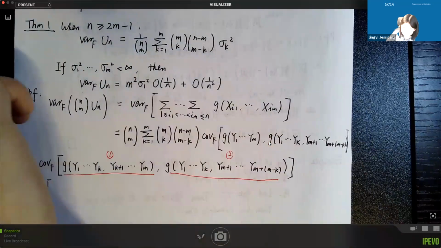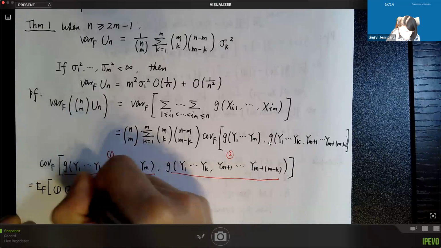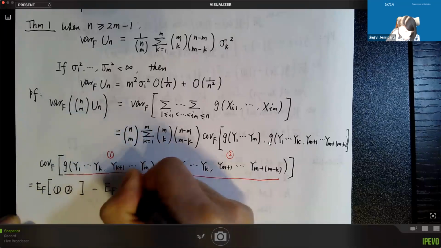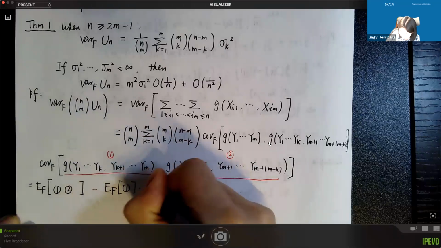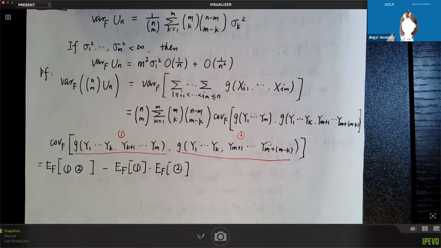So the covariance is equal to the expectation of the product minus the product of expectations. And then what is the expectation of the product? Again, we're going to use the Tower rule to help us show it.